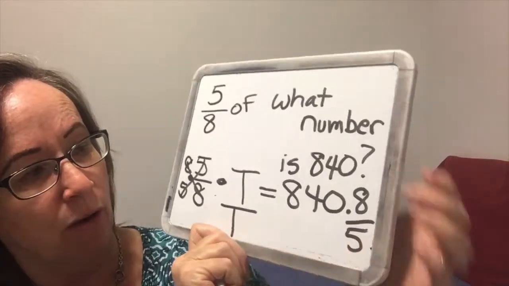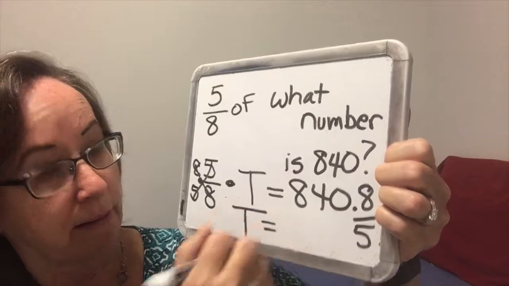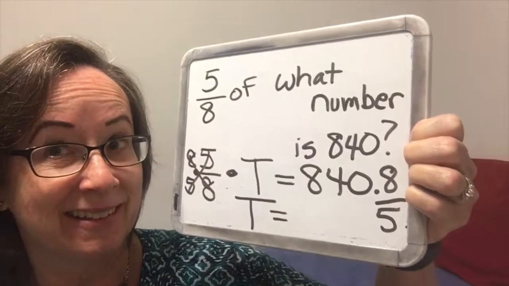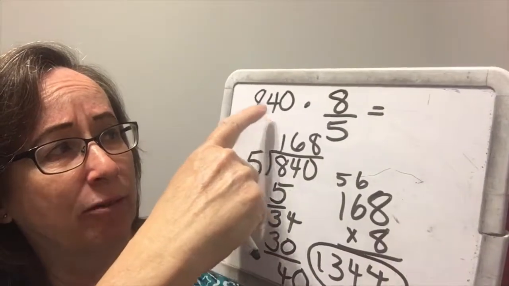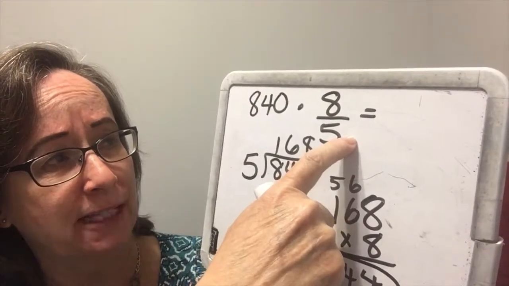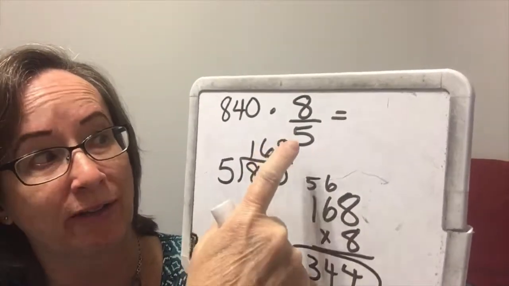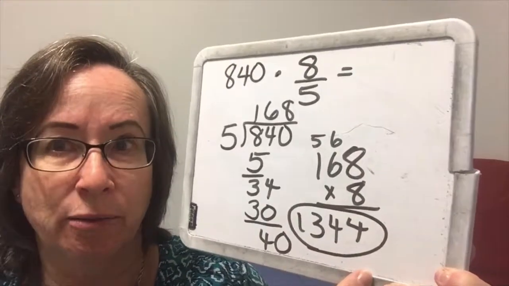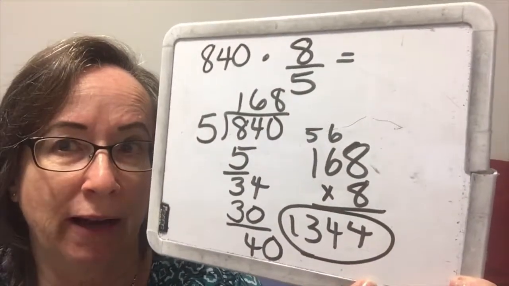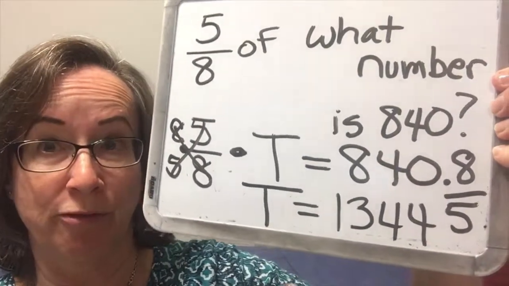Okay, so we end up with, I'm going to another board. All right, I did the math real quickly for you. I said that 840 divided by 5, since 5 was on the bottom, winds up being 168. Then I took that 168 and I multiplied it by 8, and I got 1,344. So now you don't have to do it. So there's our 1,344.